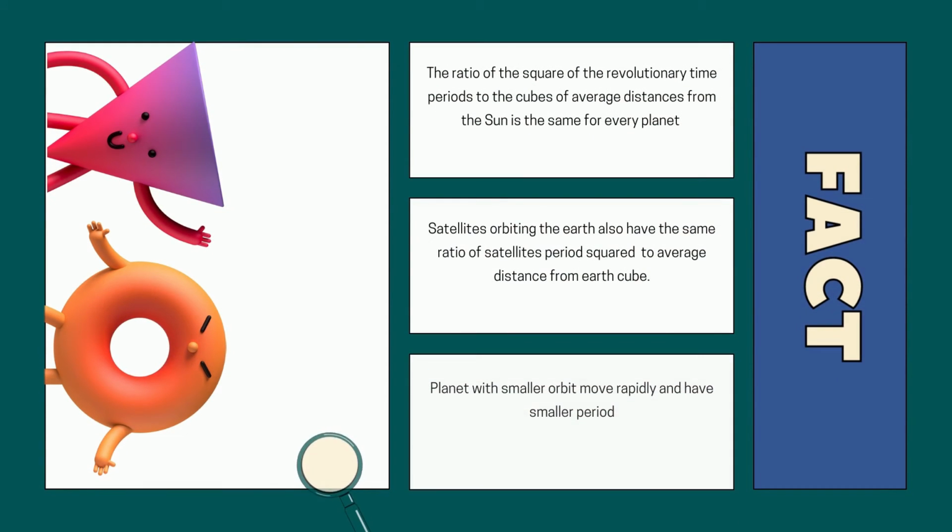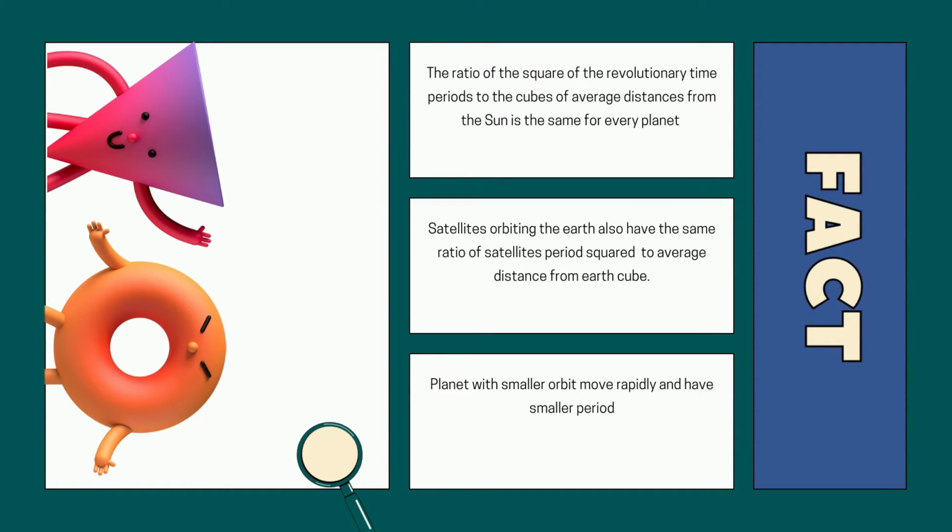So we are now well informed about the mathematical and conceptual definition of Kepler's third law. Let's look at the facts of Kepler's third law. First, the ratio of the square of the revolutionary time period to the cube of the average distance from the Sun is the same for every planet. This is because Kepler's third law says that the two quantities are proportional.